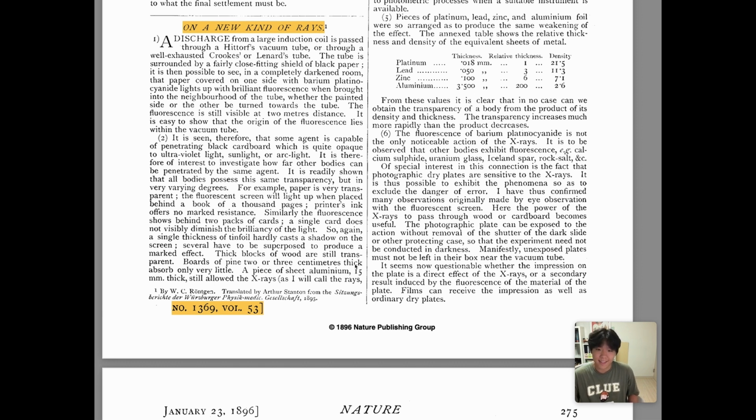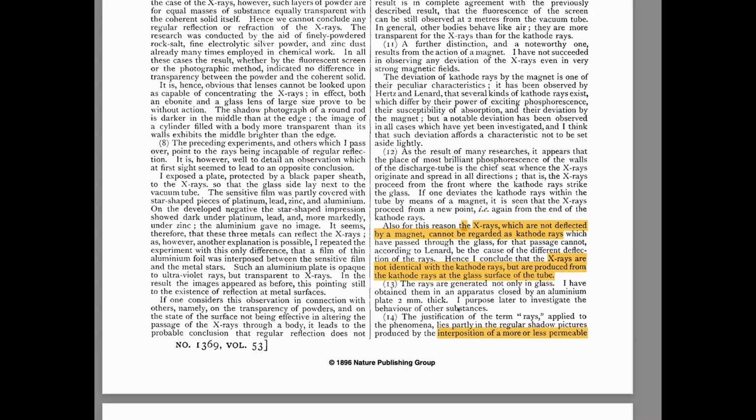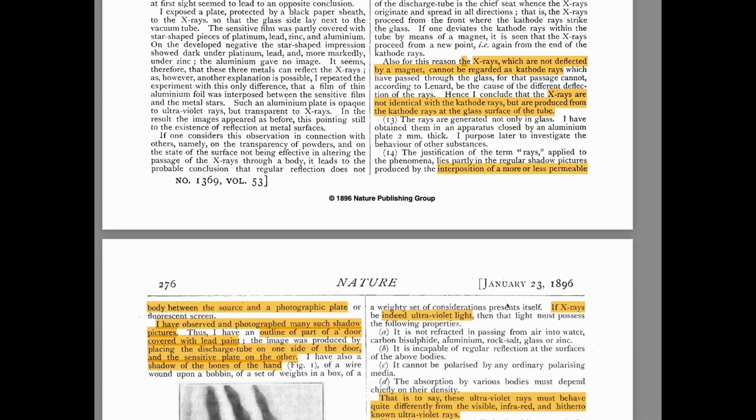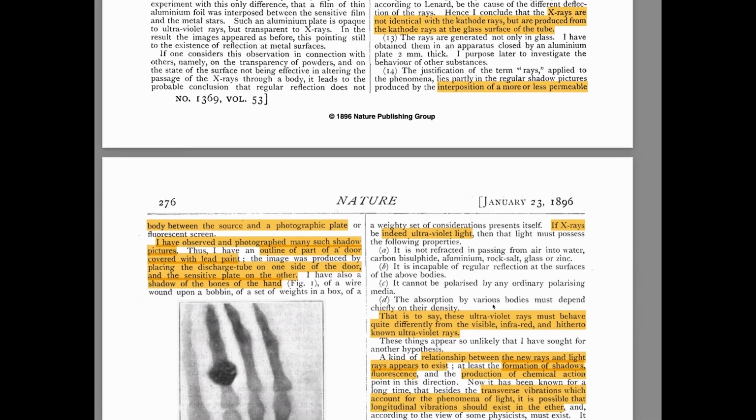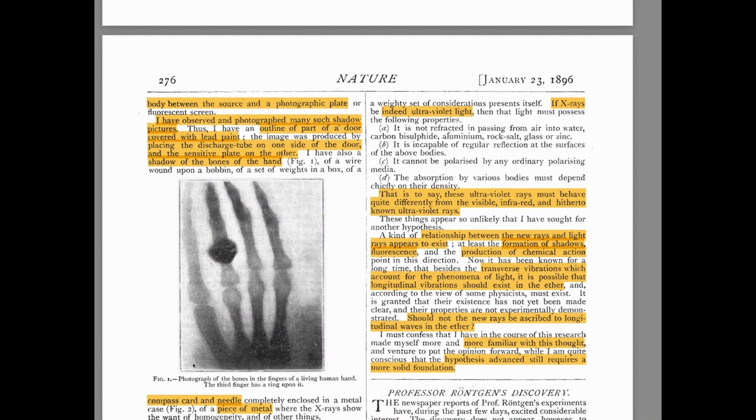Then, let's get started. Okay, so after discussing the differences between the cathode rays and X-rays, asserting that X-rays are produced from the cathode rays at the glass surface of the tube, Röntgen moves on to justifying how X-ray is a type of ray by illustrating how he could get the shadowed photograph of a hand by using X-rays.